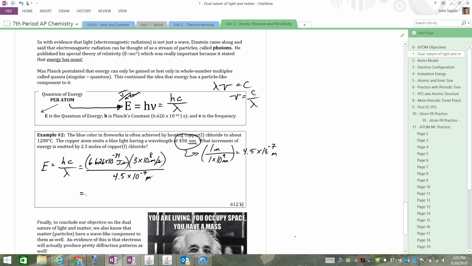It is 6.626 times the speed of light divided by 4.5. So I got, wait, that doesn't seem right. I made a mistake. Maybe not.